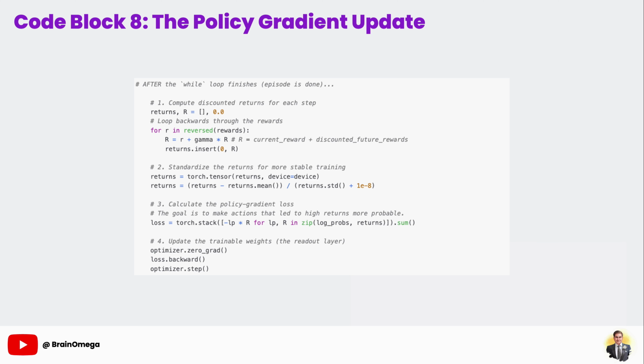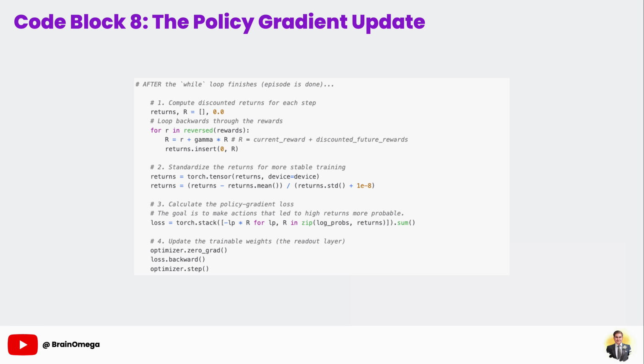For each step, we take the log prob of the action we took and multiply it by the standardized return for that step. The negative sign is there because optimizers work by minimizing loss. By minimizing this value, we are effectively pushing up the probability of actions that led to high returns and pushing down the probability of actions that led to low returns.